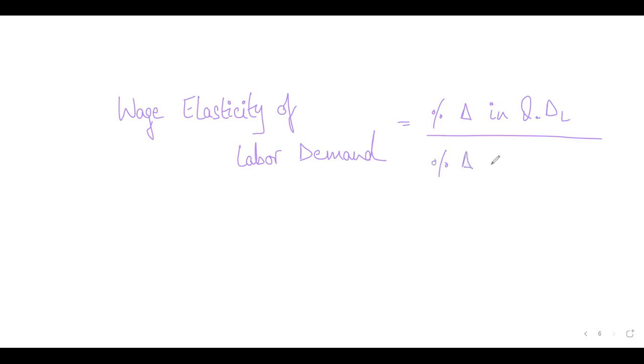Now let's think this through. Demand for labor is obviously inversely related to wages, which means higher the wages, lower the demand for labor, lower the wages, higher the demand for labor, and so on, right? But not in every occupation will the demand for labor be very elastic.